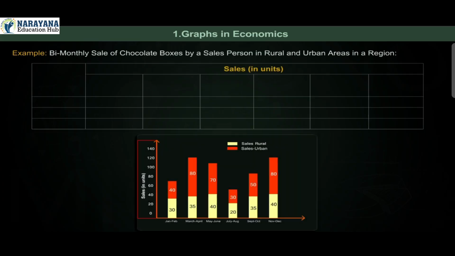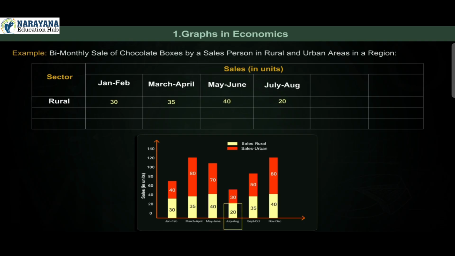Sales in units. Sector: rural. January to February 30, March to April 35, May to June 40, July to August 20, September to October 35, November to December 40. Sector: urban.